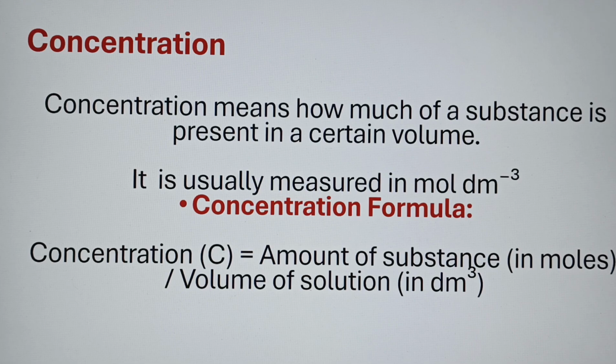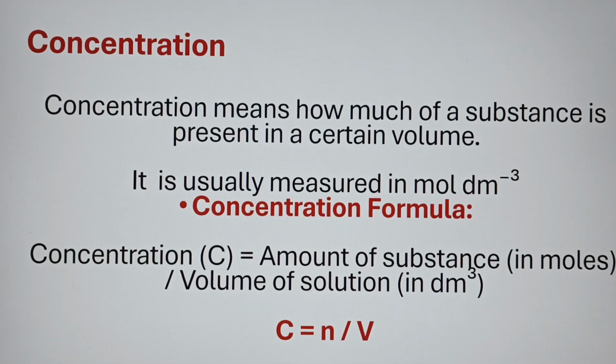Now we see the concentration formula. The basic formula is concentration equals the amount of substance in moles divided by the volume of solution in decimeter cube, or simply C equals n divided by V. Here C is concentration, n is the number of moles, and V is volume in decimeter cube.